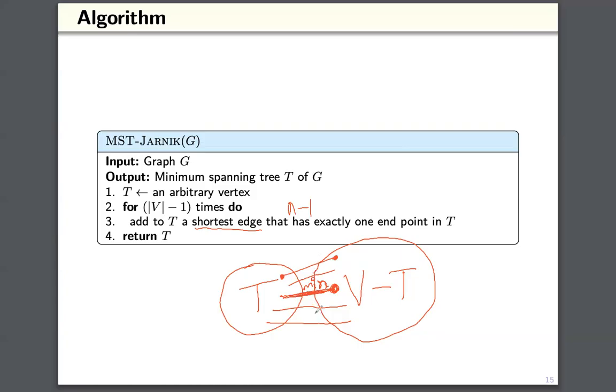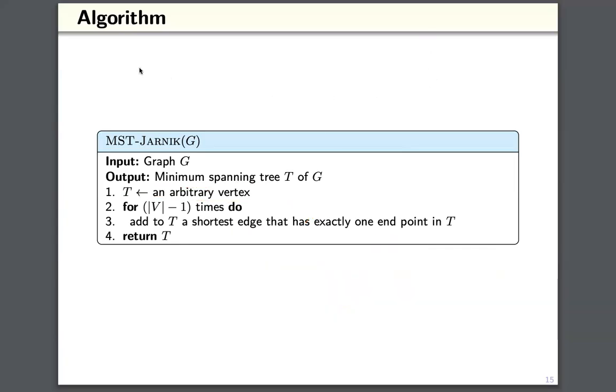Take the shortest edge and pull that shortest edge inside the tree. That means that vertex also inside the tree, and update the edges. That's it. And repeat. So in every iteration, you'll be pulling in one edge, one node. At the end of n minus 1 iterations, you will have n minus 1 edges and n nodes because you already started with one node here, right? Makes sense? So that is the very high level idea.